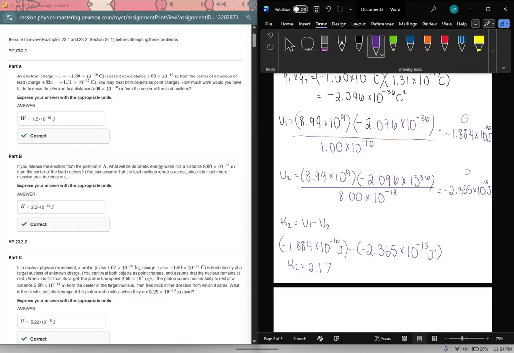Rounding it, we're giving 2.17 times 10 to the power of negative 15 joules. So to round that, it is going to be 2.2 times 10 to the negative 15 joules.